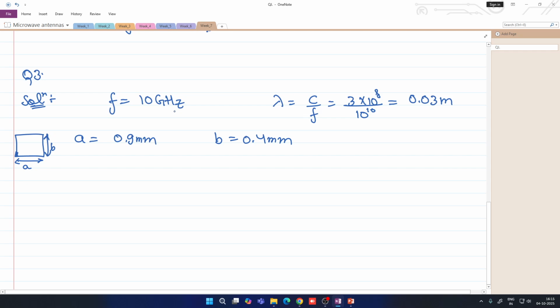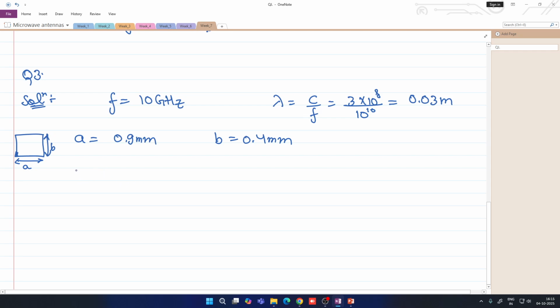Be careful while solving, because there is a pretty high chance that an option assumes them as 0.9 meter and 0.4 meter. So take care of the units. These are given in millimeters, so first convert them to meters.